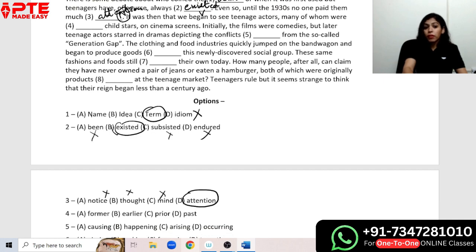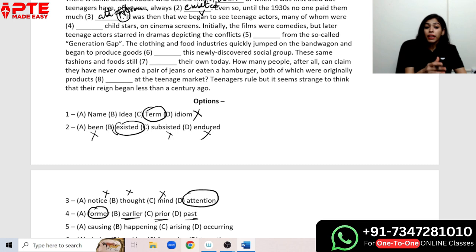It was then that we began to see teenage actors, many of whom were dash child actors. Earlier child actors, prior, past, no. We always say former child actors.